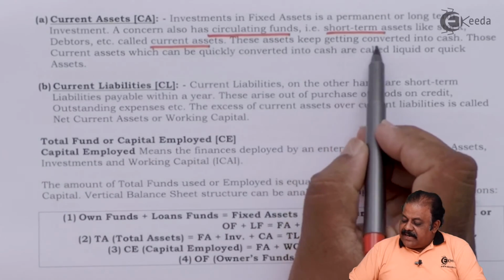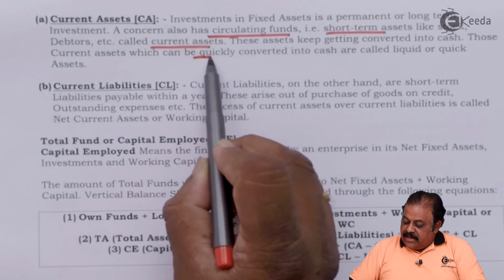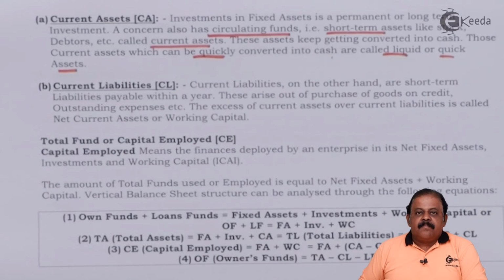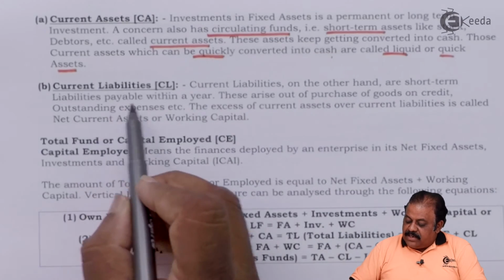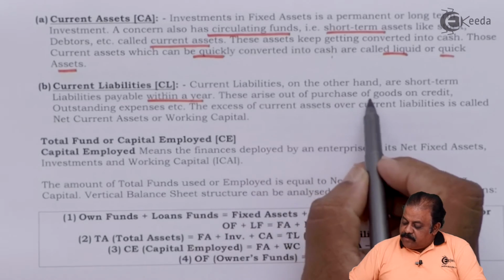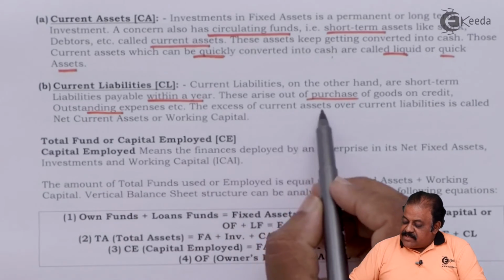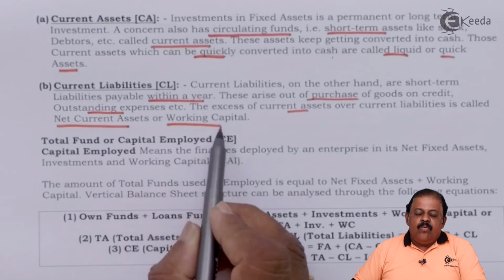These assets keep getting converted into cash. Those current assets which can be quickly converted into cash are called liquid or quick assets. Current liabilities, on the other hand, are short-term liabilities payable within a year. These arise out of purchase of goods on credit, outstanding expenses. The excess of current assets over current liabilities is called net current assets or working capital.